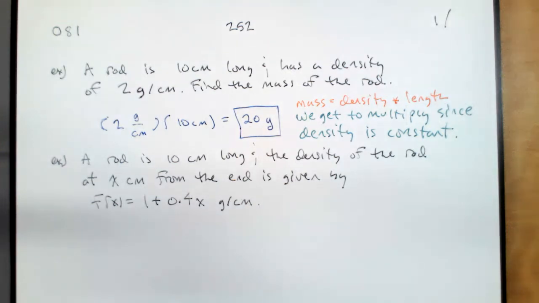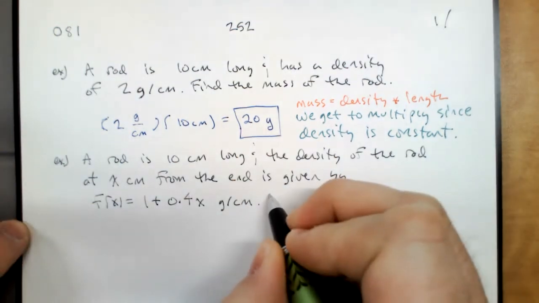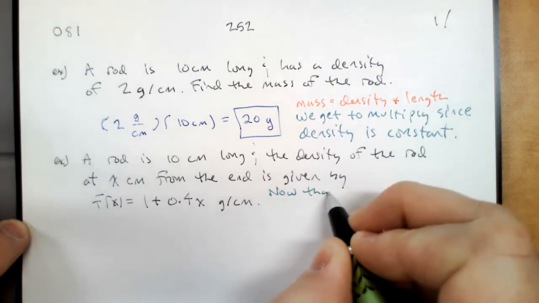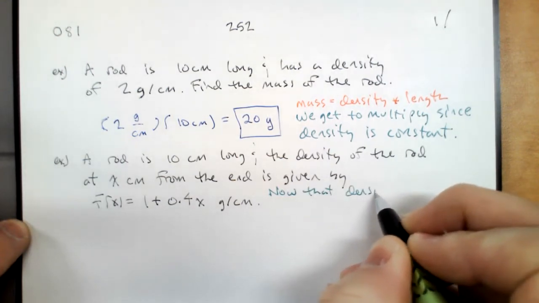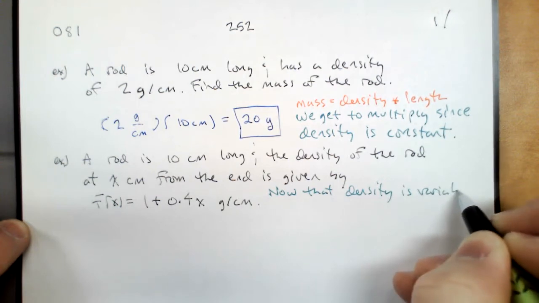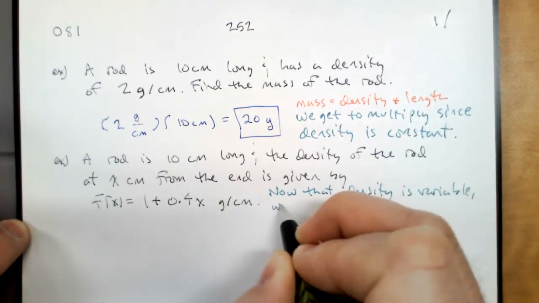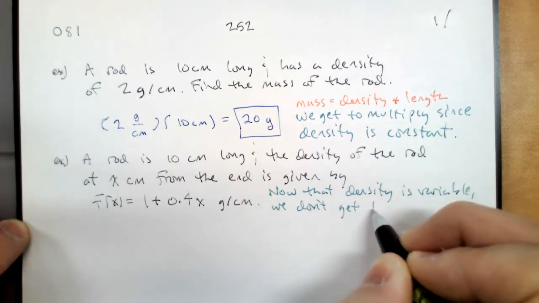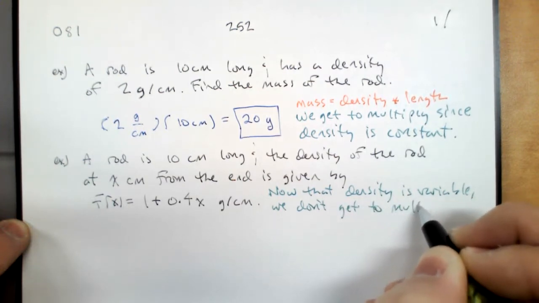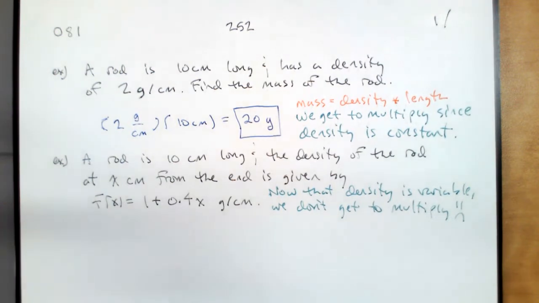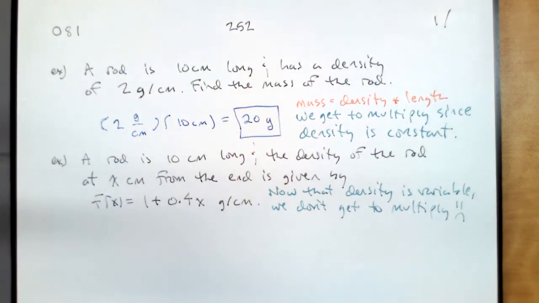That's the change. Now that the density is variable, we don't get to multiply.